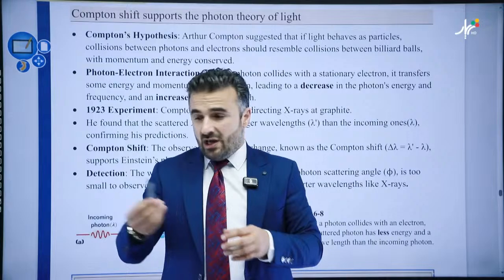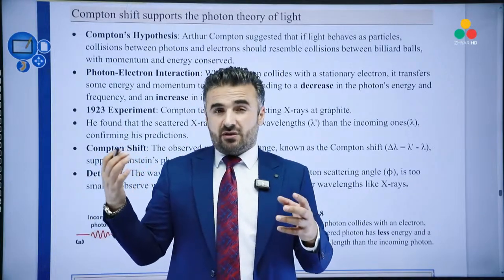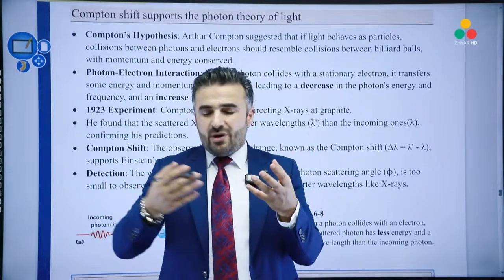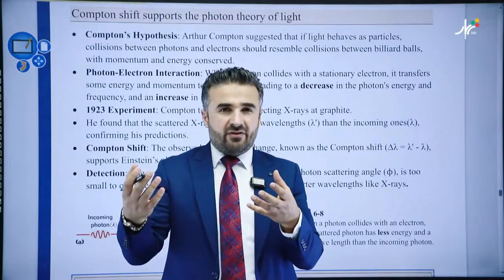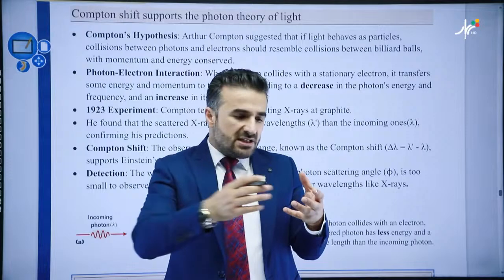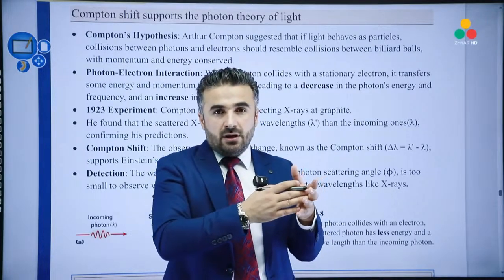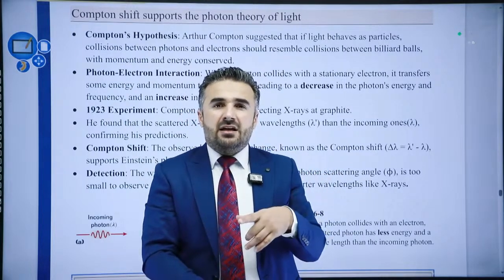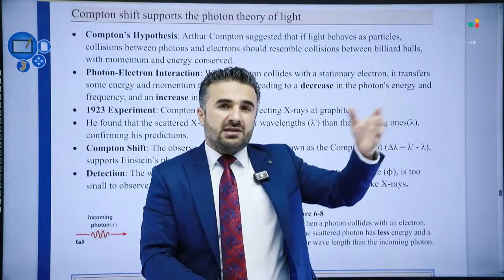Remember this, we have two things: a photon, which you can call an electromagnetic wave if we consider it that way, and an electron. The photon is basically a packet of energy. Once it interacts with the electron, it loses part of that energy to the electron. We know that frequency and energy are directly proportional: the higher the frequency, the higher the energy.